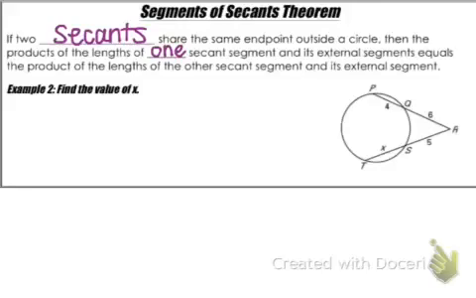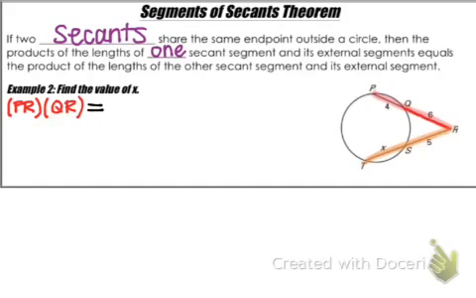So in this picture, we're going to be solving for the value of x. So how we use this formula is we take the whole entire segment and multiply it by the external segment. So our first whole entire segment is PR. So PR is the whole segment being multiplied by the external part of the secant PR, which is QR.